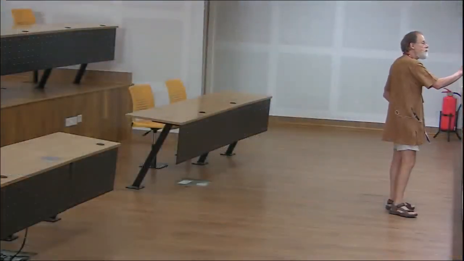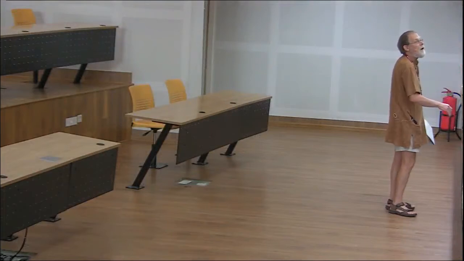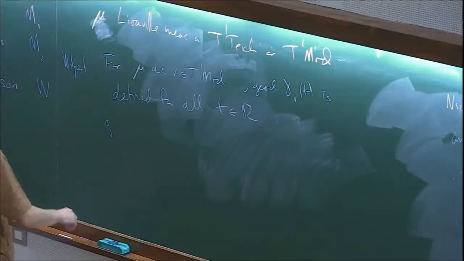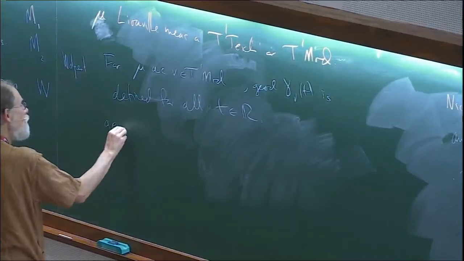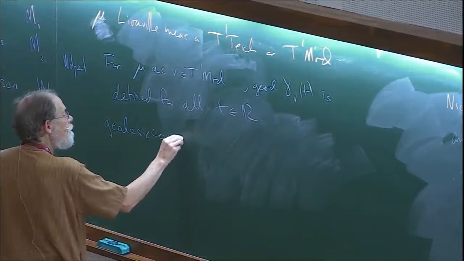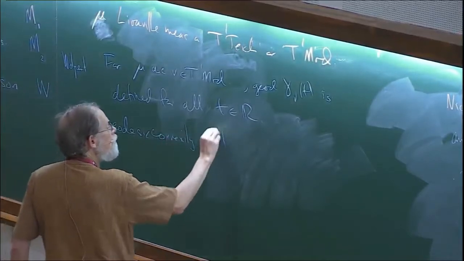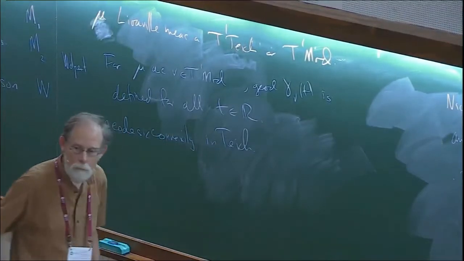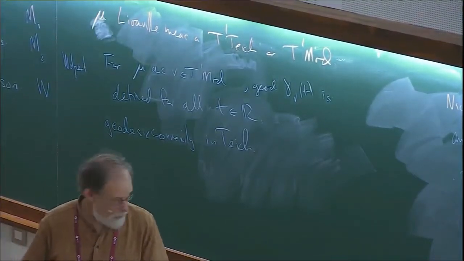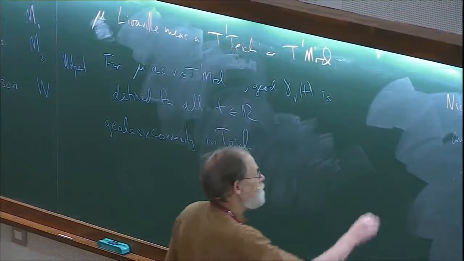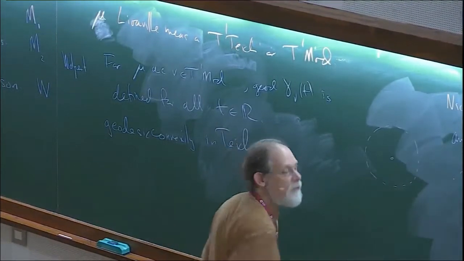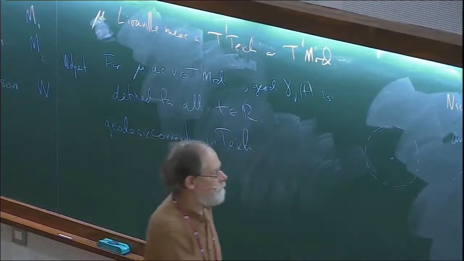The next thing that's good, these are all results of Wolpert, is what's called geodesic convexity in Teichmüller space. If I have a metric that is not complete, there are some bad things that can happen. I think about the disk, and then think about removing the center of the disk.